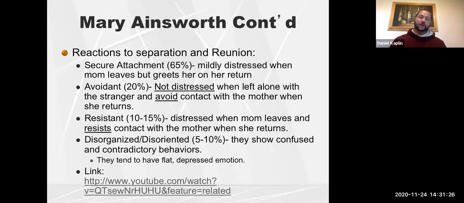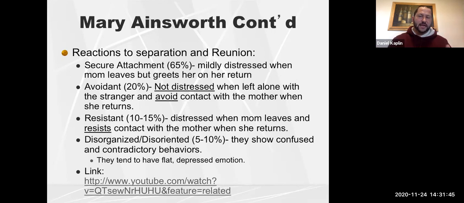Then there was about 10 to 15% who developed a resistant attachment. What's interesting about this is that the children are bothered by the caregiver, mom, leaving. But you notice in secure attachment, they were mildly distressed by mom leaving.